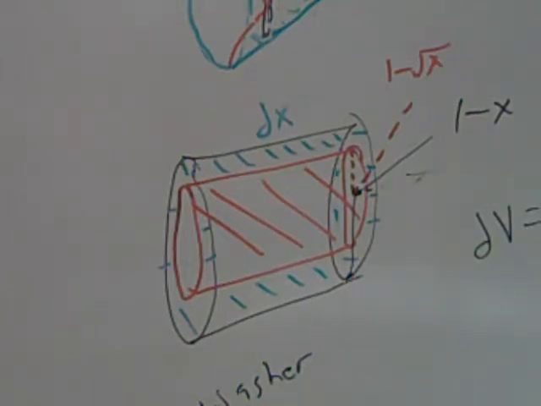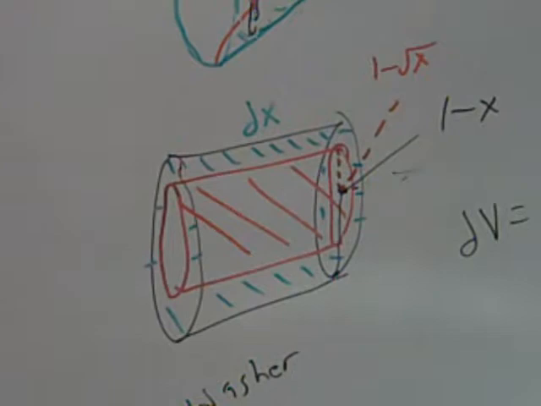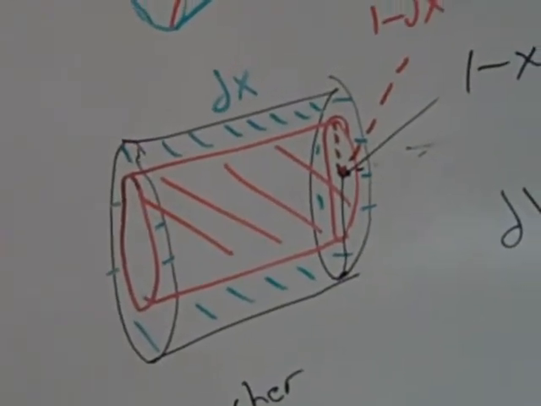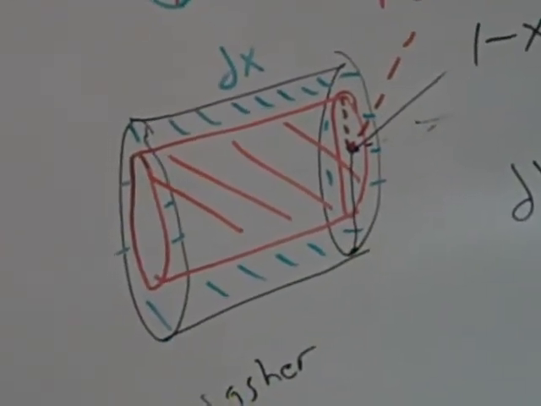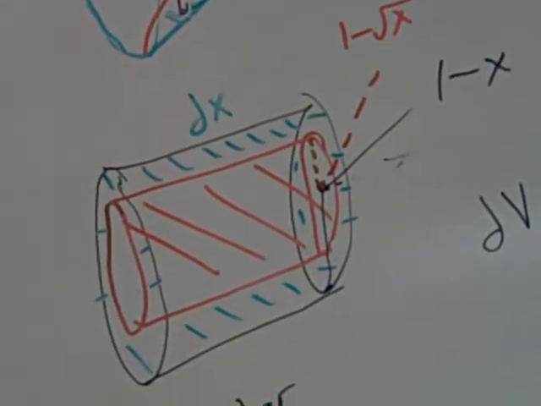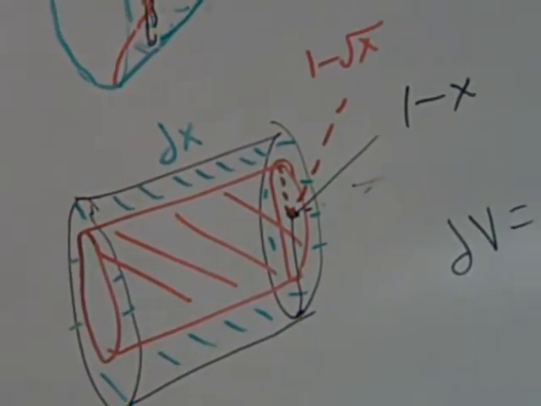And notice that 1 minus x in black here is the radius of this whole cylinder, from the bottom to the center. Now, from the top of the little red piece to the center of the red piece is 1 minus rad x.